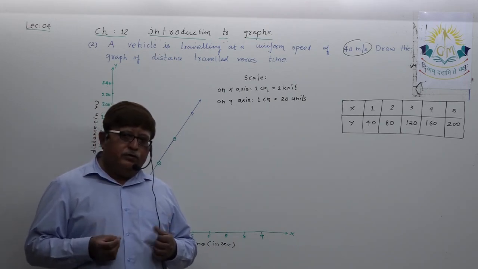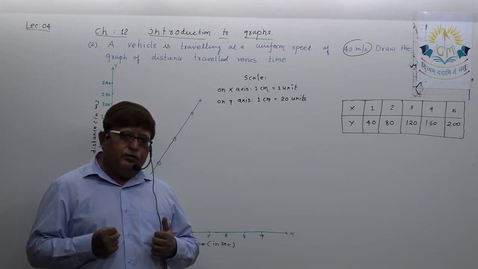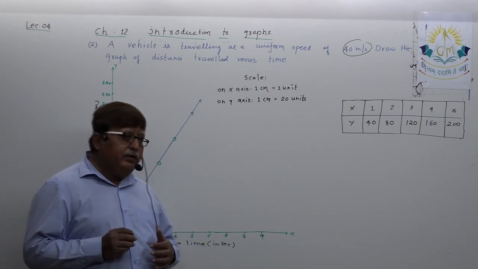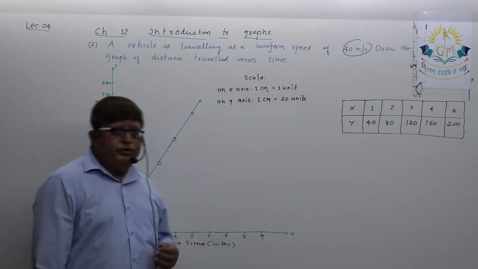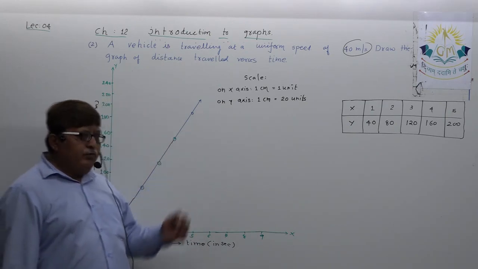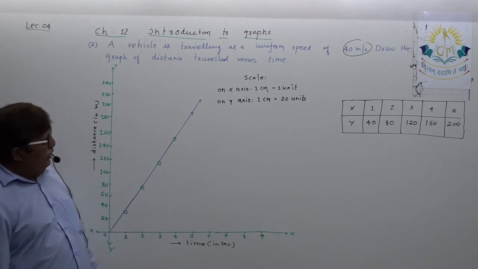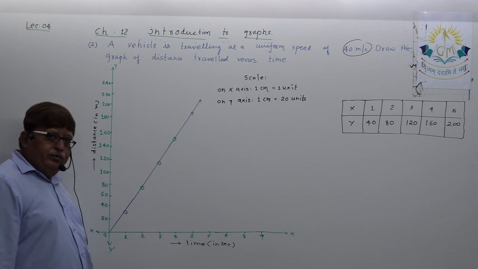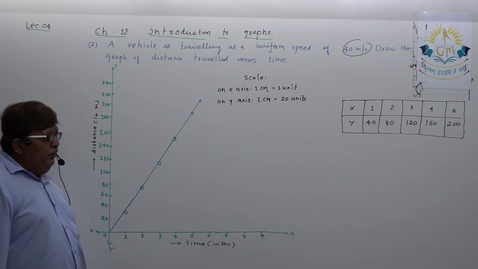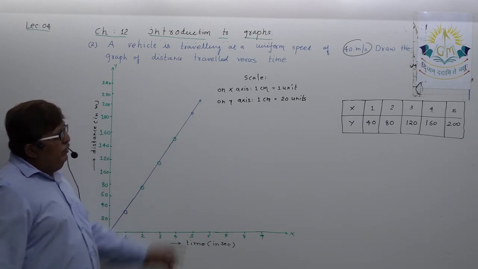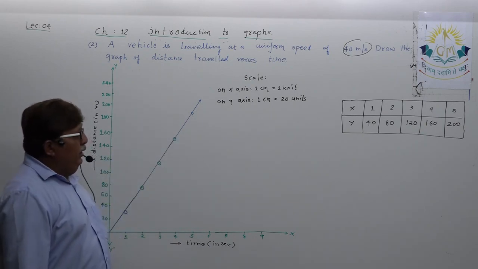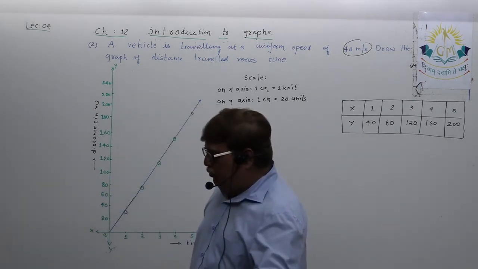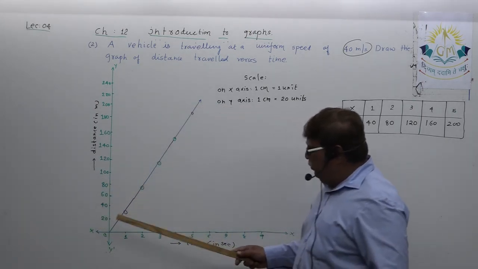Not only the basics of making the equation, but at the same time, after making the equation, making a proper observation, means value table, and then representing it on the graph. That's very important for you. Understood? And as I told you, intentionally I changed the speed as 40 meters per second to just give you a glimpse of how to change the scale.